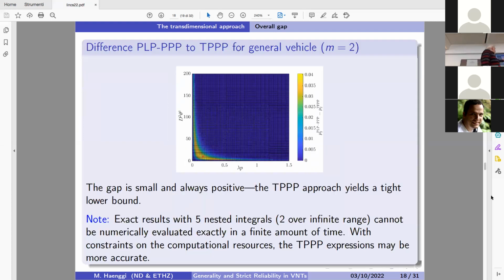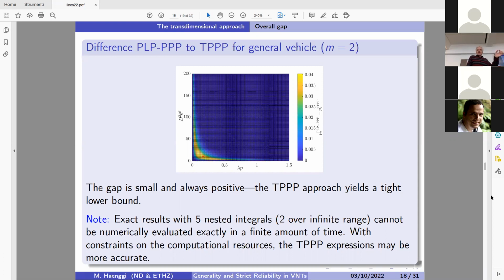In fact, if we plot the difference over the entire range of parameters, which here is the distance, the SIR threshold, and the vehicle density times the transmit probability, we see in most of this region the difference is very small, and there is one point where it reaches about 0.03. Something we want to keep in mind is that even though we have an exact expression, it consists of 5 nested integrals, which when we evaluate them numerically, we never get an exact result.